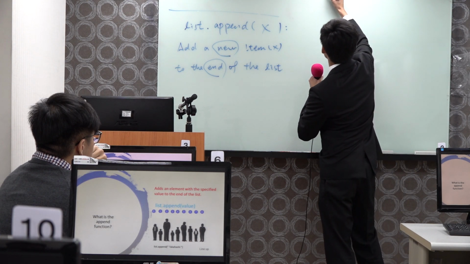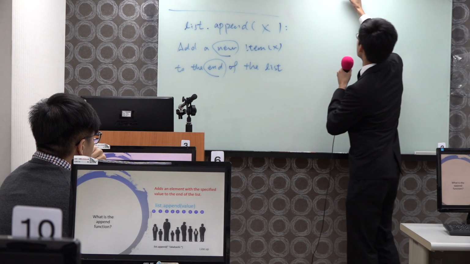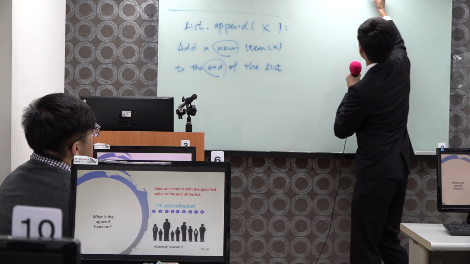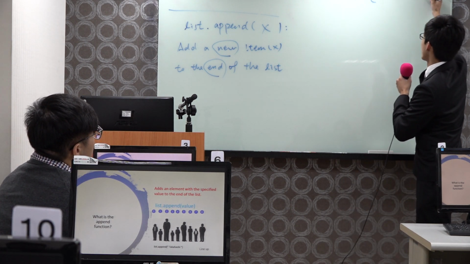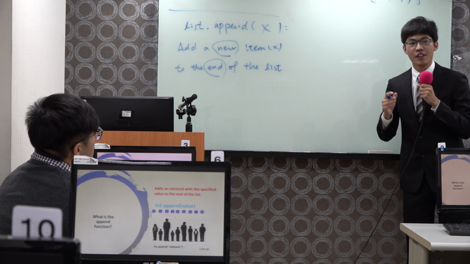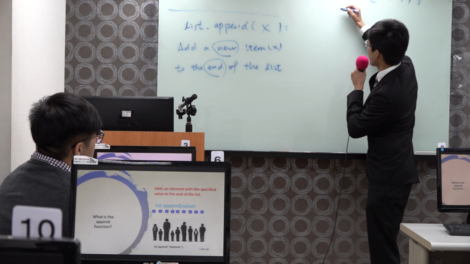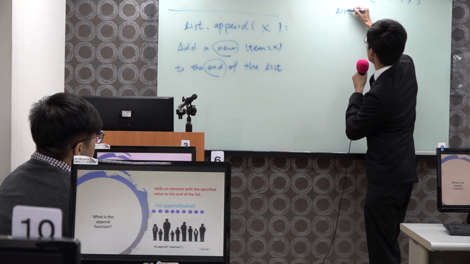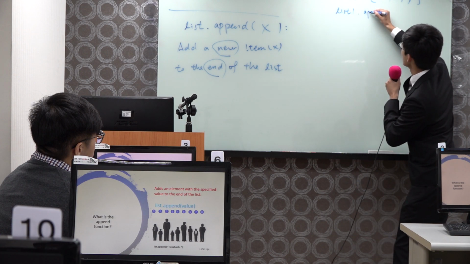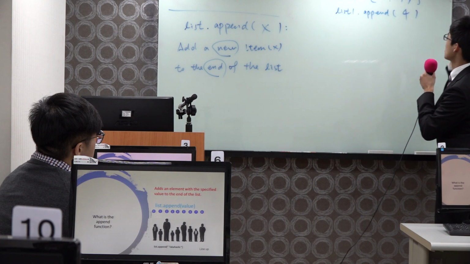In example 1, there is a list, and we call it list1. list1 equals square brackets 1, 2, 3. Now I want to add a new item 4 to the list. So I can write it this way: list1.append(4).